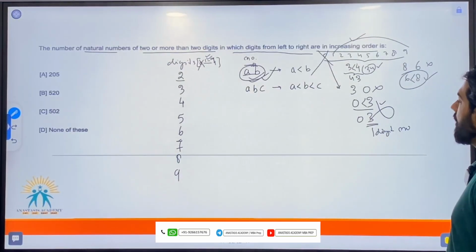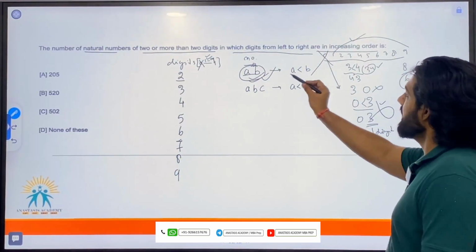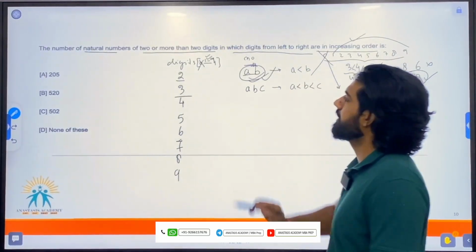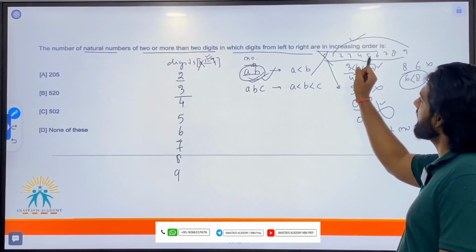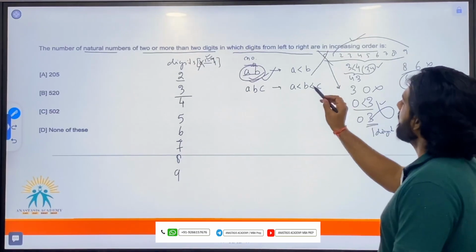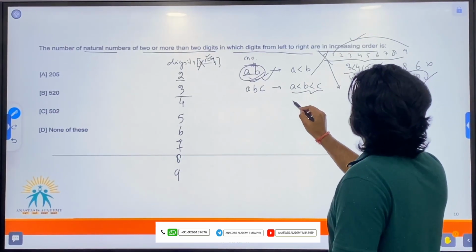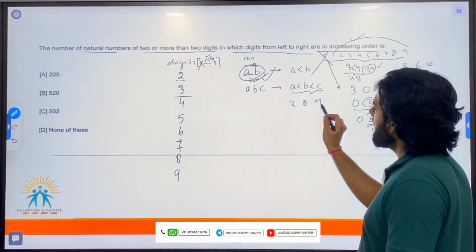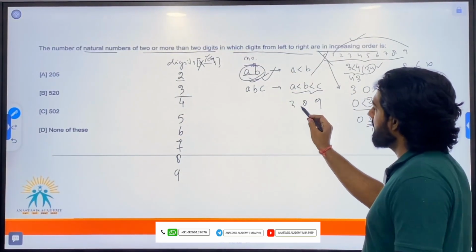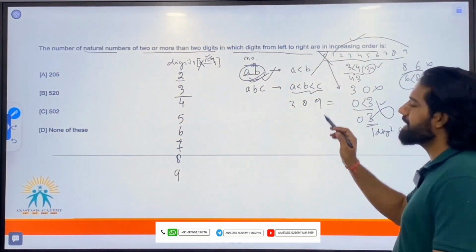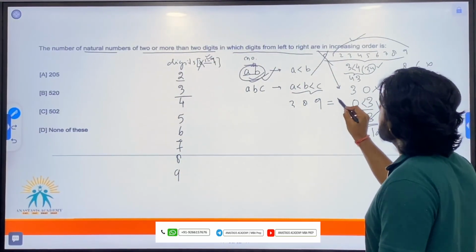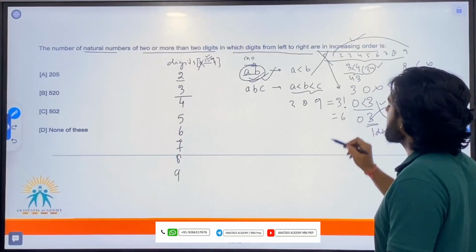So the number of such unique 2-digit numbers would be the selection of 2 digits, and the number of 3-digit numbers would be the selection of any 3 digits. For example, if I choose 3, 8 and 9, how many numbers are possible from these? The relative arrangement of these 3 digits gives 3 factorial or 6.